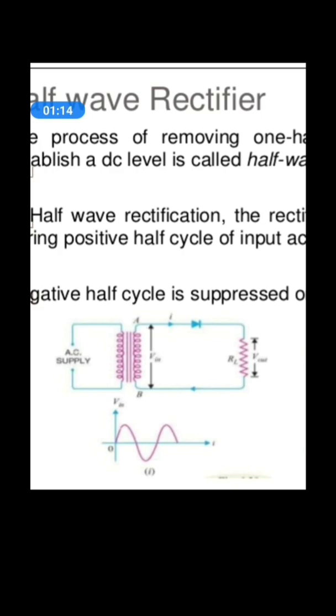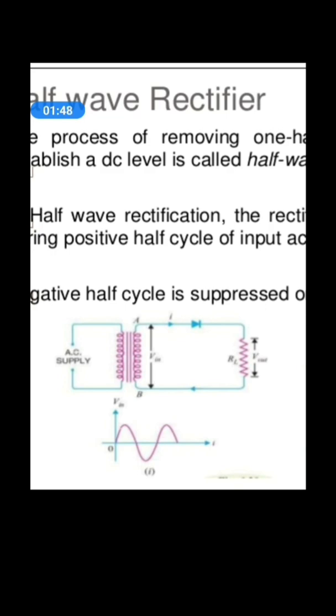When positive half cycle comes, then P-type semiconductor of the diode becomes positive and N-type semiconductor becomes negative. So in this case, the diode becomes forward biased, and when diode becomes forward biased, then current will flow through the junction and we get the output across the load resistance RL.